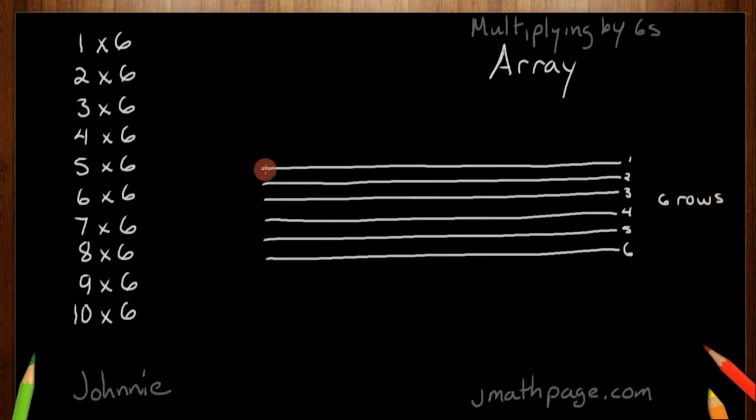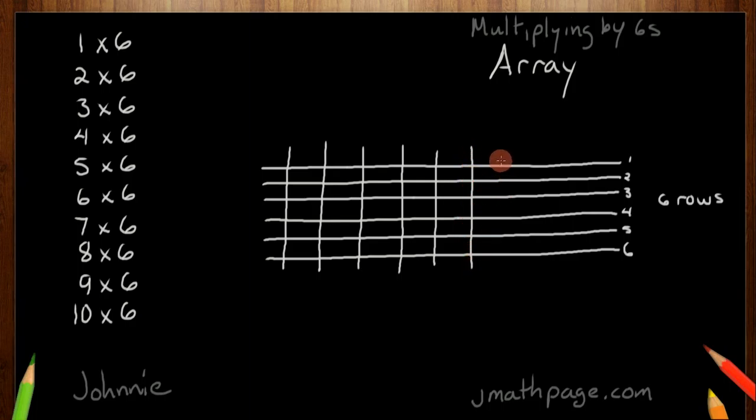Now these are all horizontal rows. Now I need some columns, and columns are always vertical. Let's count those off. Let's see. 1, 2, 3, 4, 5, 6.